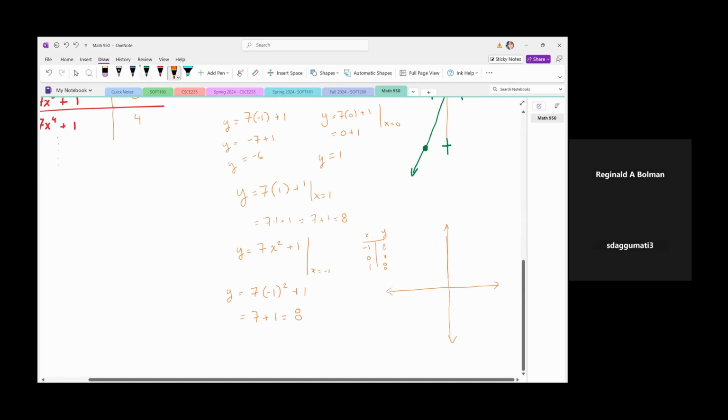In fact, you would see that you actually have a parabolic situation where at -1, you're all the way up at +8. So you've got something like this. At 0, you're at 1. And at +1, you're at 8. So what's actually happening is you would have a parabola that looks kind of like this.